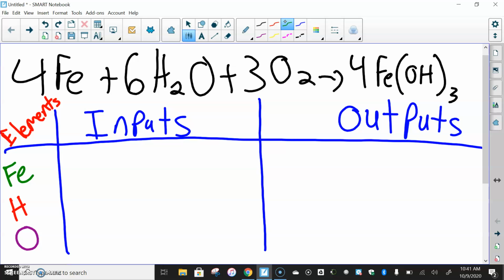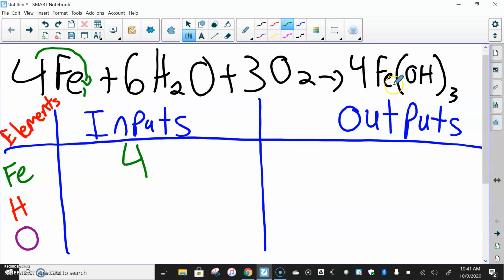So iron's pretty easy because it has a 4 in front of it. Now, if you pretend like there's a 1 here and you distribute this 4, 4 times 1 is 4. Now the good news is, if you aren't a math guru, as long as you have 4 on this side, the law of conservation of matter states that we should have the same amount of iron on the other side.